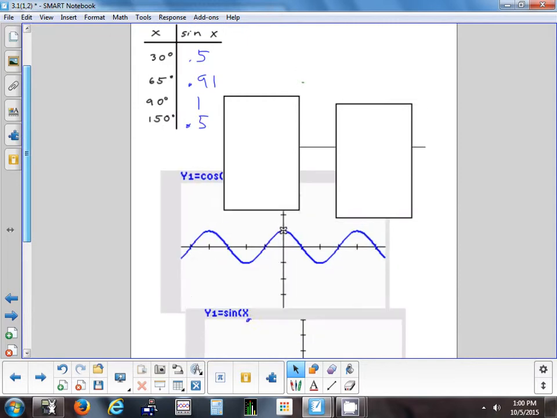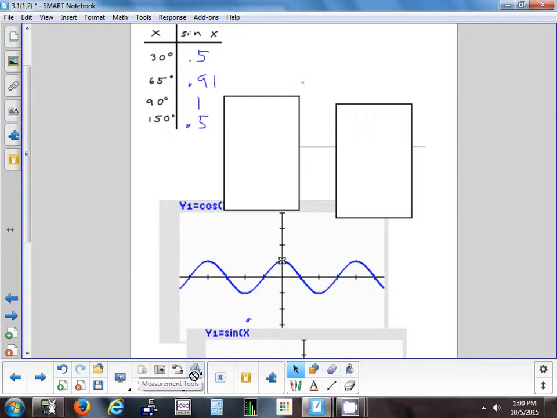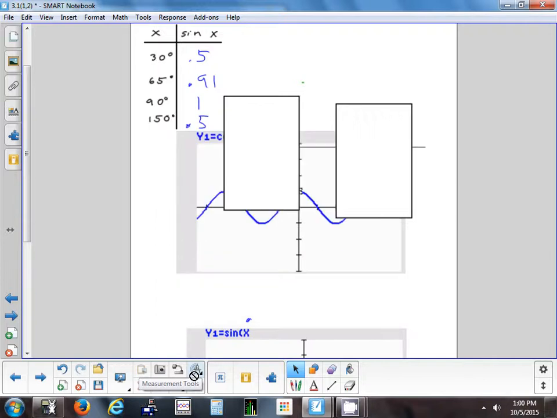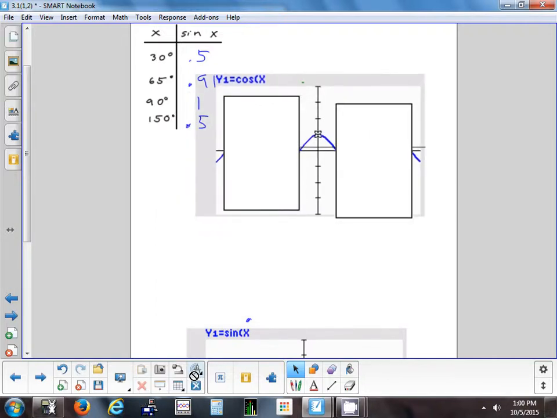I'm going to try looking at it from negative 90 to 90. Does that work? Does a horizontal line only hit that one time? No. So what that means is if we decide to limit our answers to negative 90 to 90, we're going to get 2 answers. So that doesn't work.